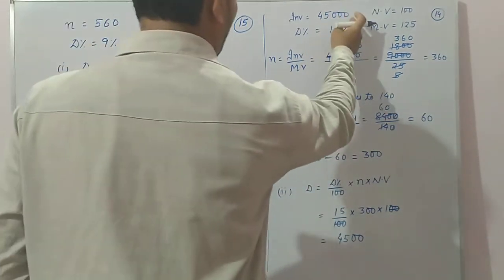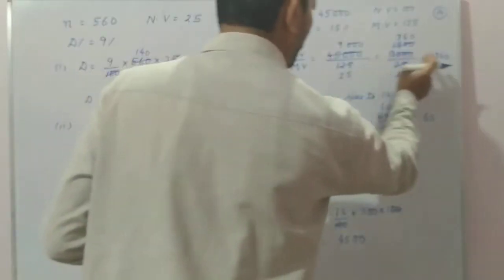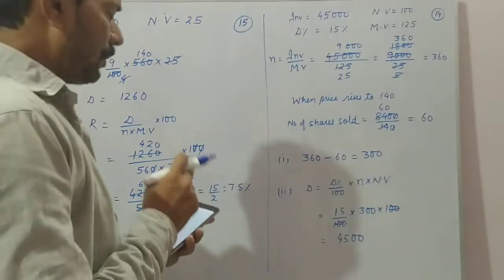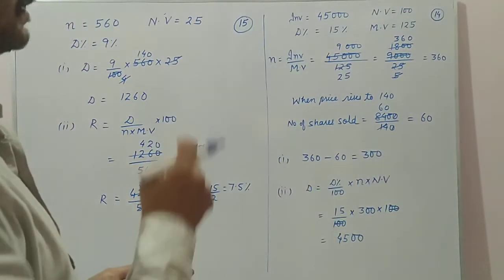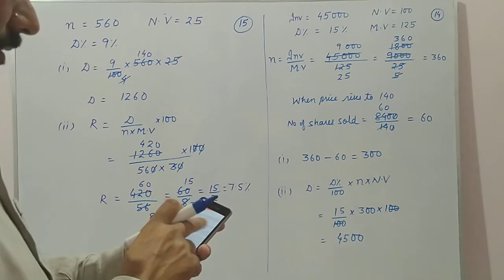So investment is 45,000, market value is 125, and on simplification you are getting the number of shares to be 360.